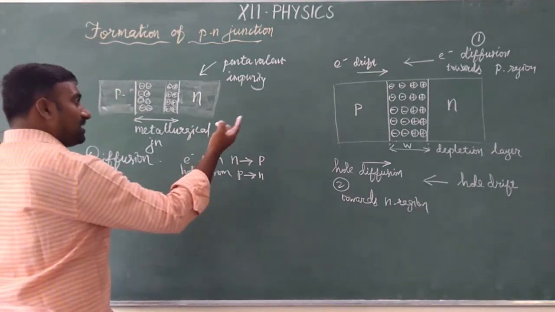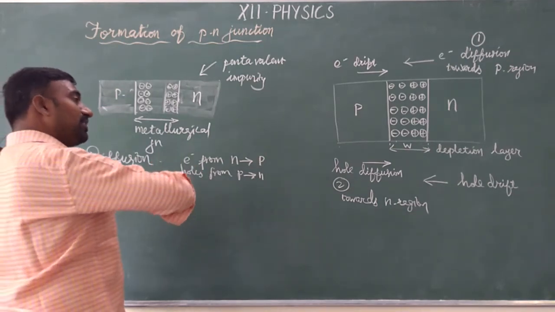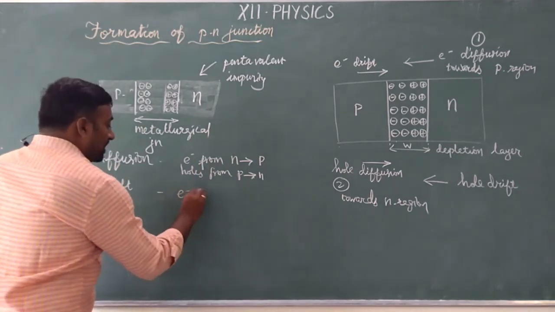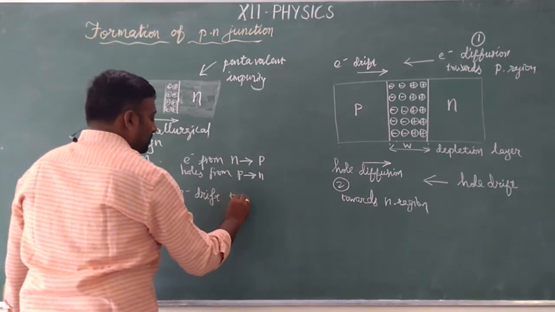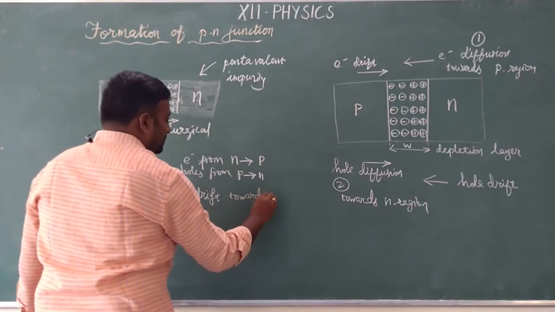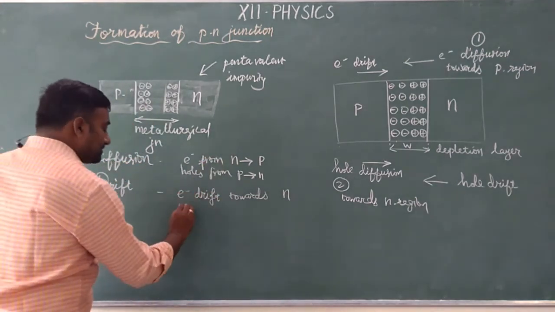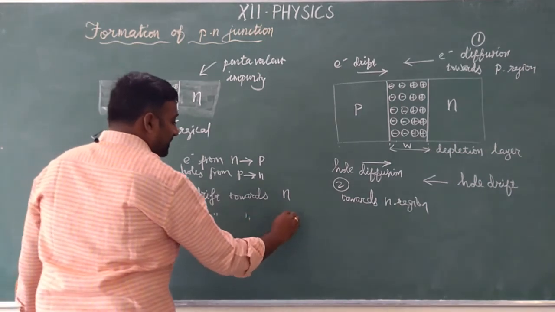So the electrons reached there, no? So the electrons started to move again to which side? The n side. So electron drift towards n. At the same time, the holes drift towards the p side.